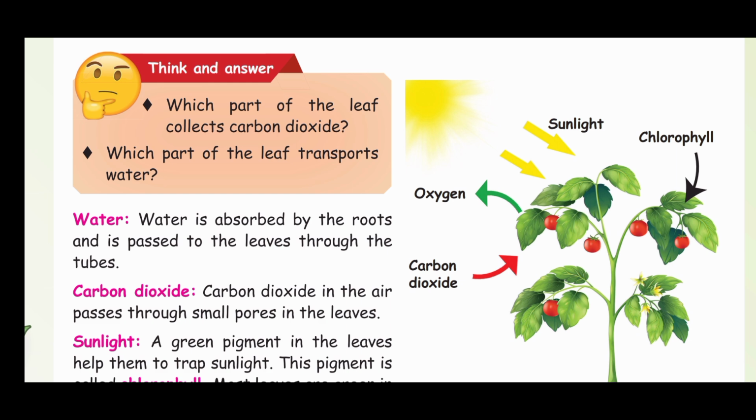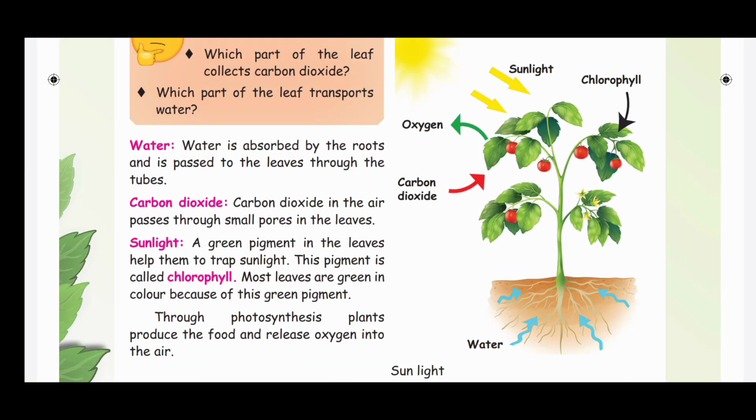So if the leaf is green, it will trap the sunlight. It will store the sunlight and produce the food. This pigment is called chlorophyll. The green pigment is called chlorophyll. Most leaves are green in color because of this green pigment.